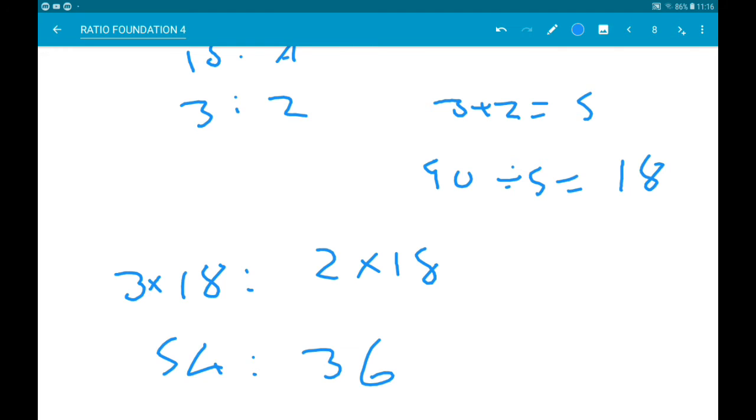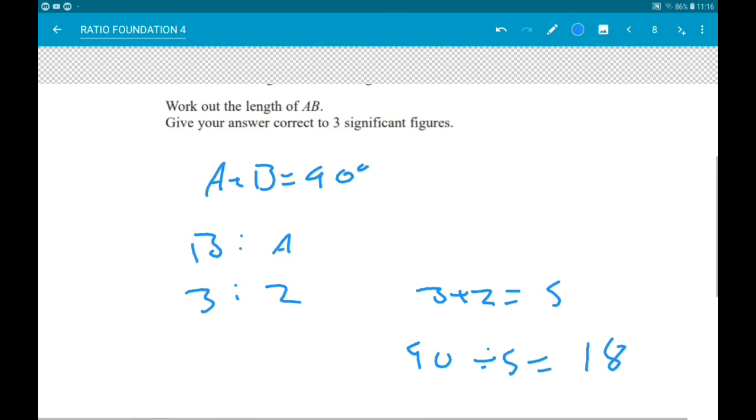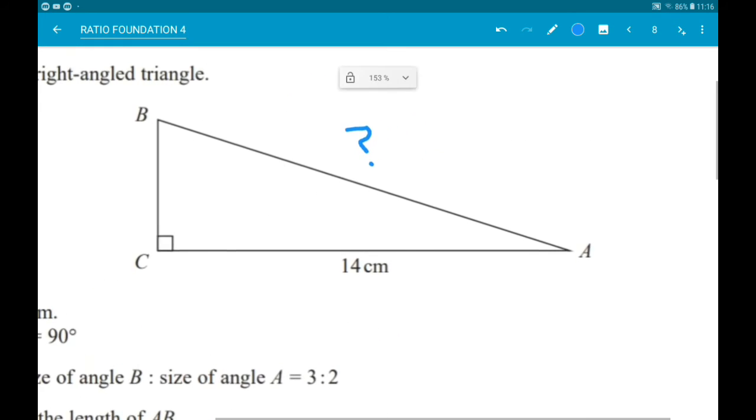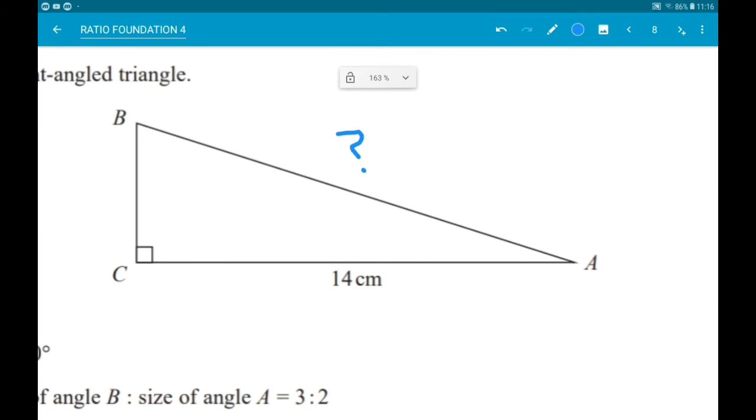Okay, now we can use either angle. I'm going to use angle A. So this angle is 36 degrees. Okay, so this is now where we start playing trig. So we need to label the sides.